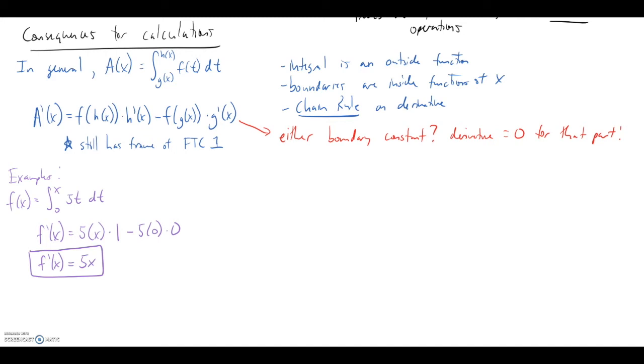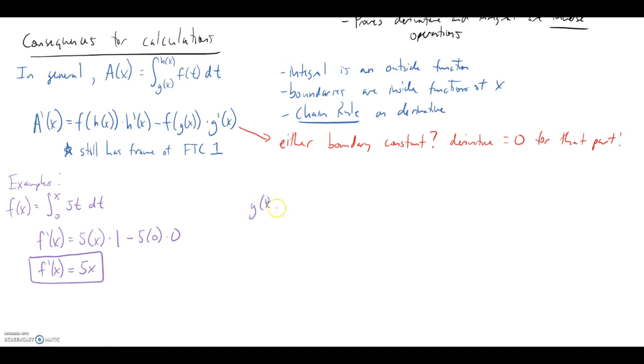And in this one, it more or less looks like x took the place of t, as we saw in the earlier proof. And for the second and final example, let's write the accumulation function g of x equals the integral from 1 to x squared of the function 4t minus 1 with respect to t. Differentiating will eliminate the integral, and the top boundary will first take the place of t.